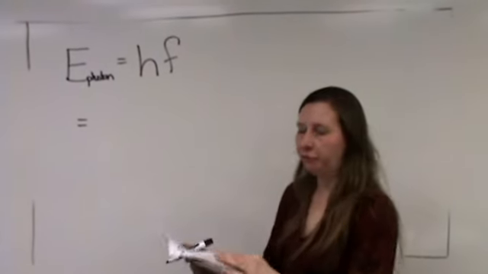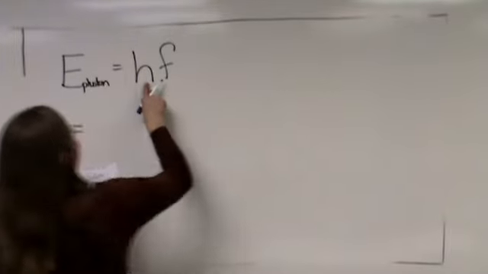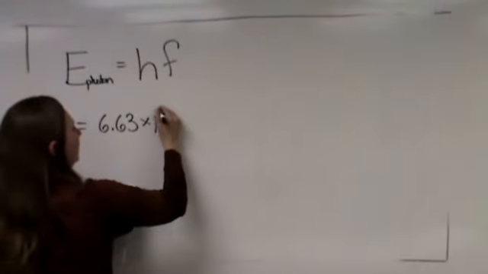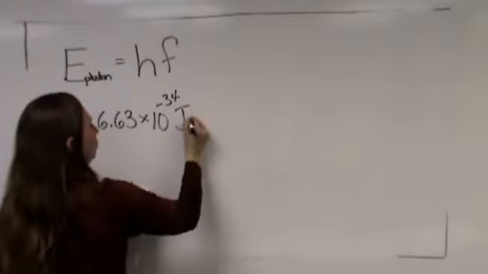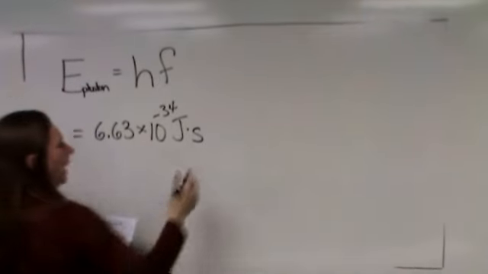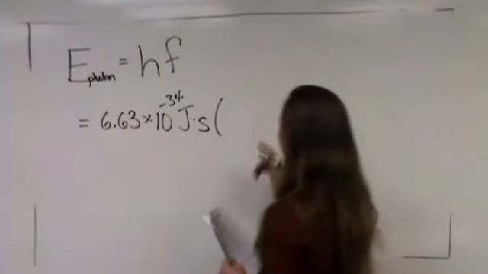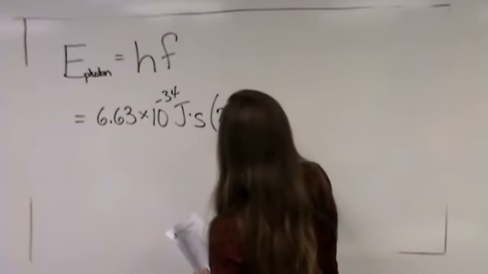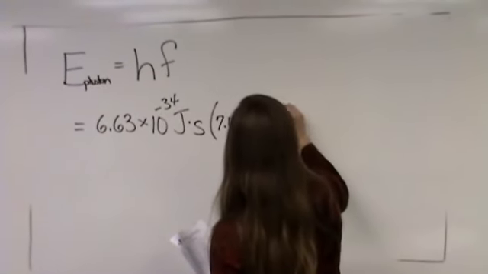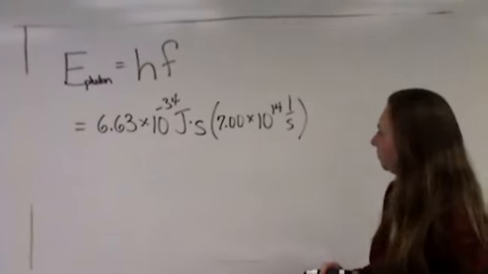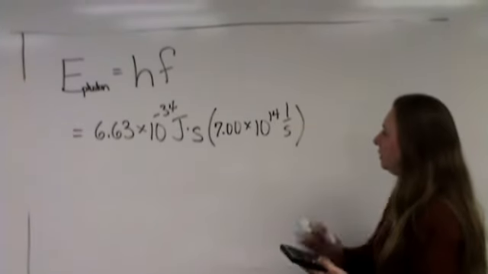Planck's constant from the front of the reference tables is 6.63 times 10 to the negative 34 joule seconds. And the frequency that we selected for our violet light is 7 times 10 to the 14th inverse seconds.